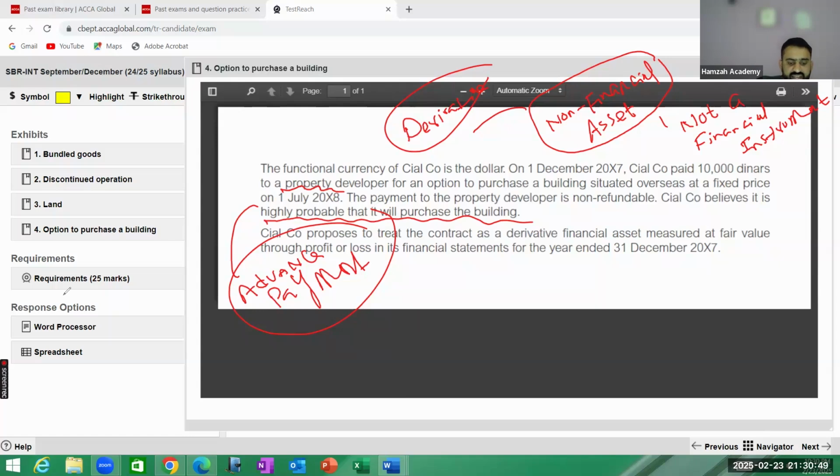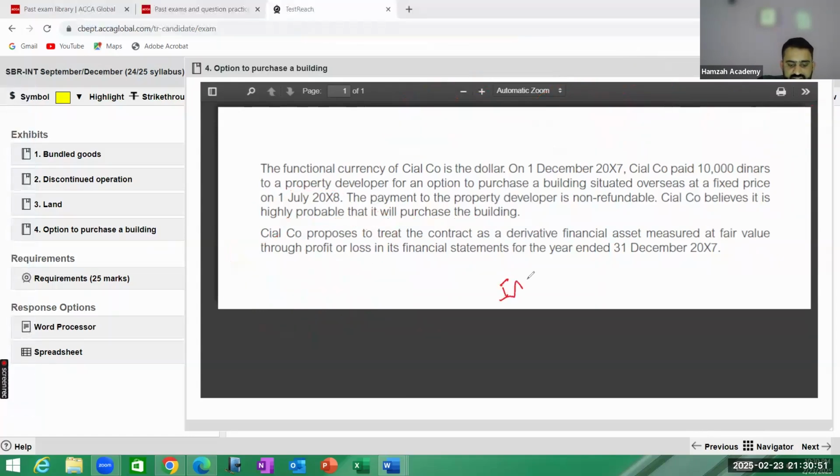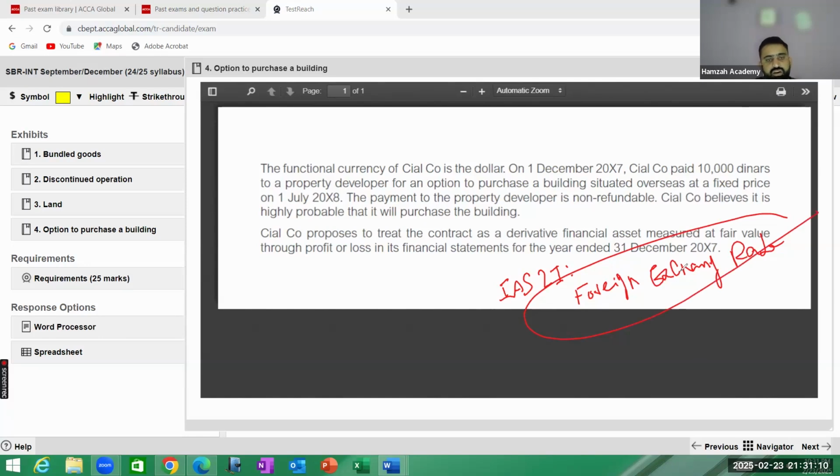Now, after IFRS 9, there is another standard which is relevant here, IAS 21, which relates to the impact of changes in foreign exchange rates.